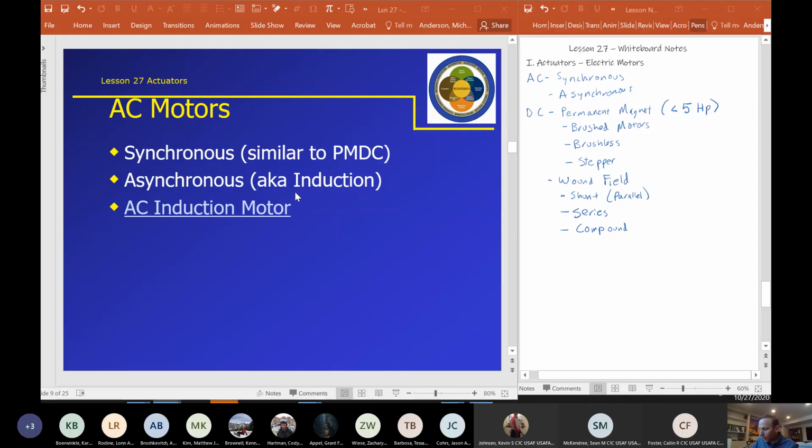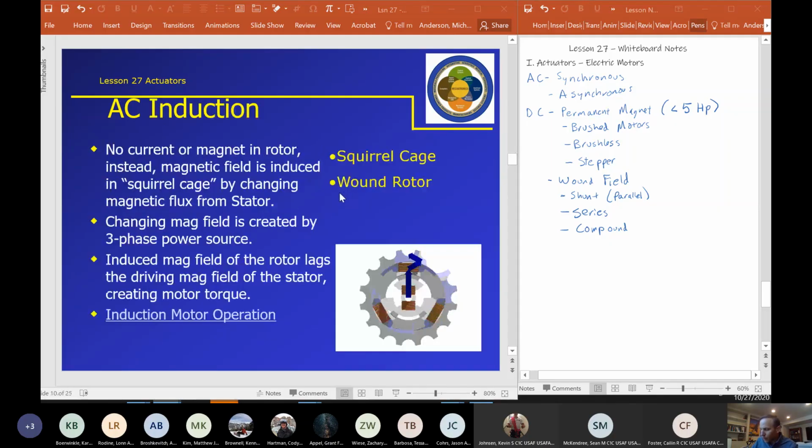I think a simpler type of motor, and more prevalent and more relevant to you guys, is the AC induction motor. We'll look at an animation of how that works in a moment. With an AC induction motor, in the example we'll show, there will be a rotor in the middle, and it just sits on bearings.